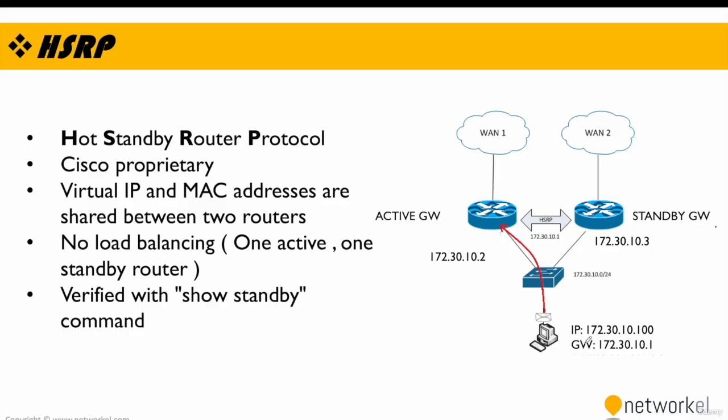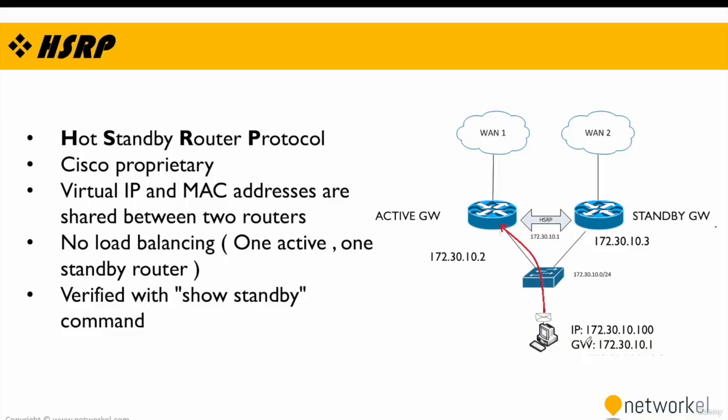So HSRP, again, that is a Cisco proprietary first hop redundancy protocol to ensure high availability for IP networks. And the key features are, first of all, HSRP creates a virtual IP address and MAC address that routers share and appearing as a single default gateway to the clients.